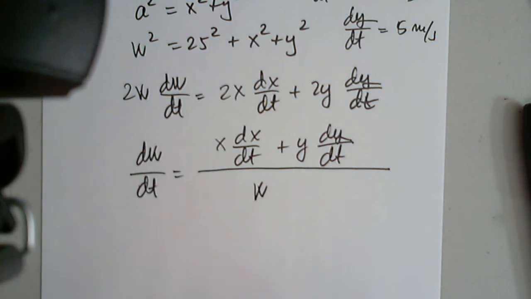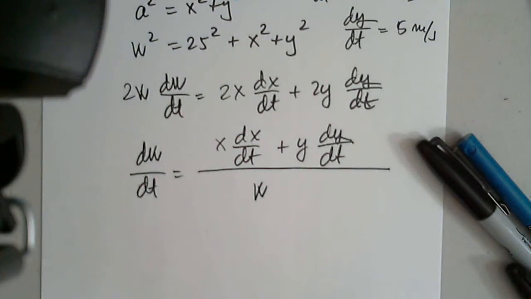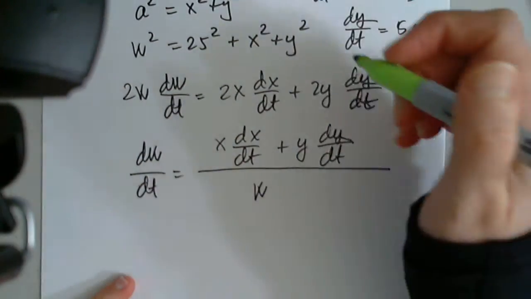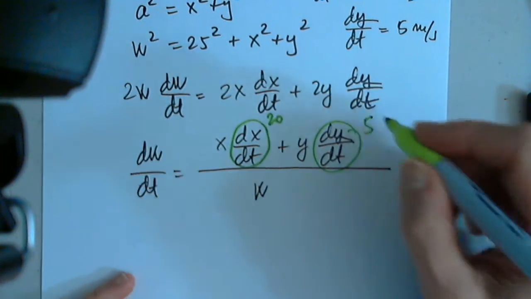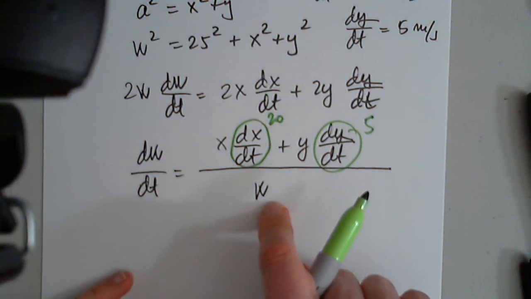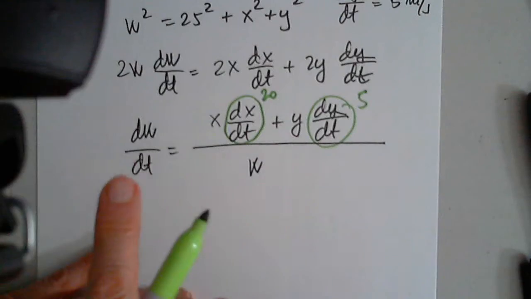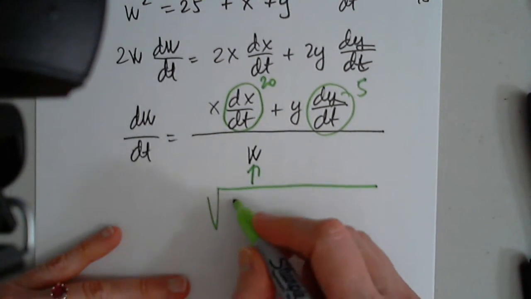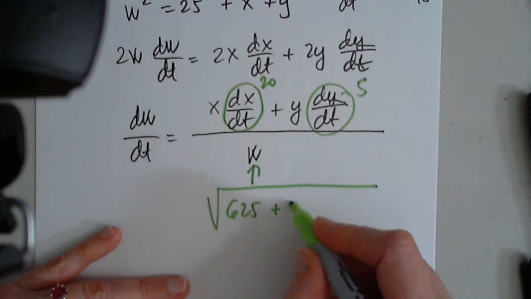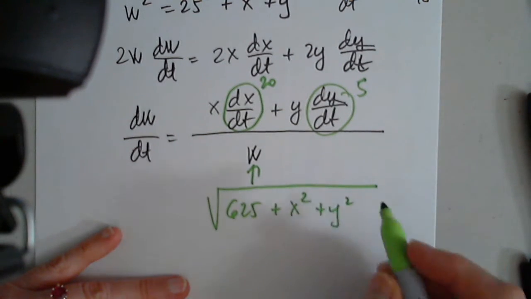Okay, so let's see what we have and what we don't have. So I have this, which is 20. I have this, which is 5. And w is the square root of 625 plus x squared plus y squared.